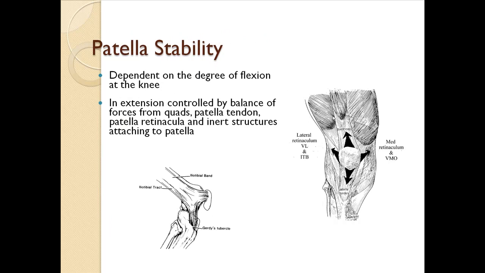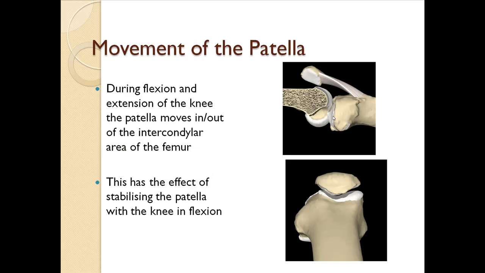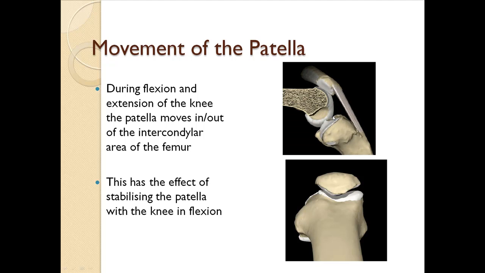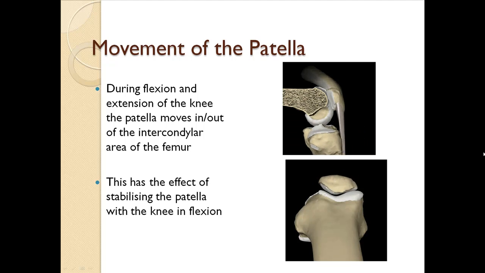As the knee moves into flexion, the groove on the back of the patella will slot into the intercondylar area between the two condyles of the femur, which then stabilizes it further. Here on these movies we can see the patella sliding down as the knee is moved into flexion. This has a significant stabilizing effect on the patella itself.